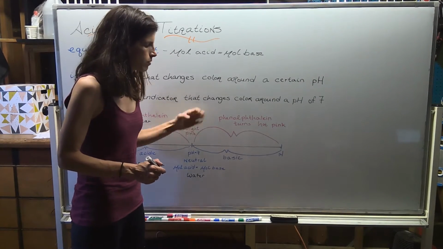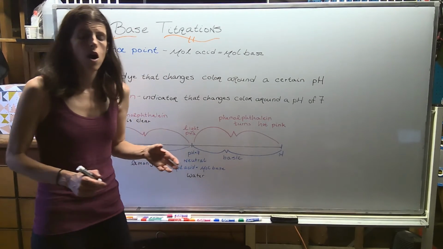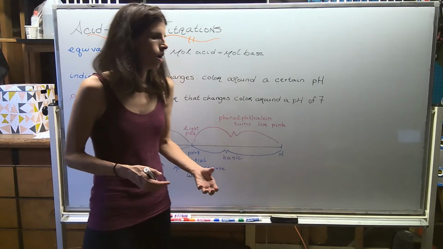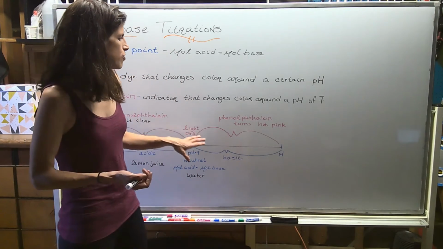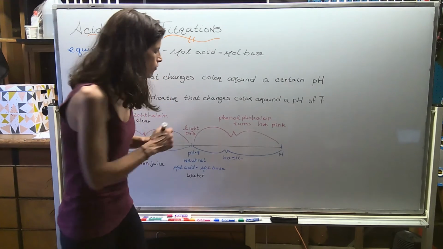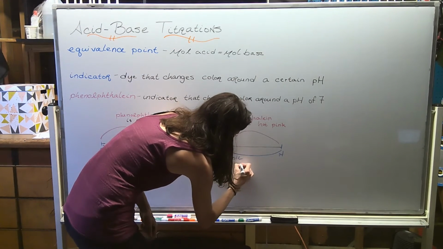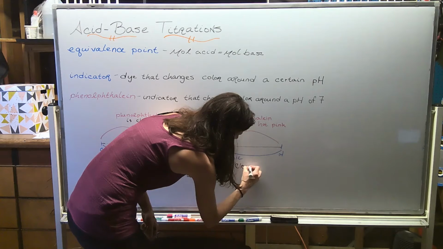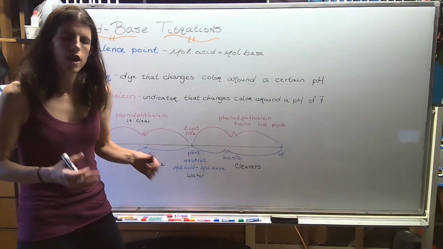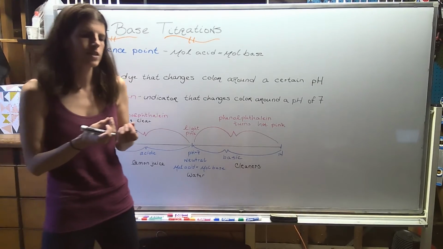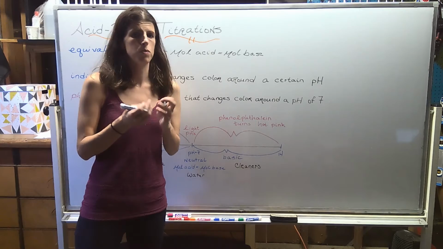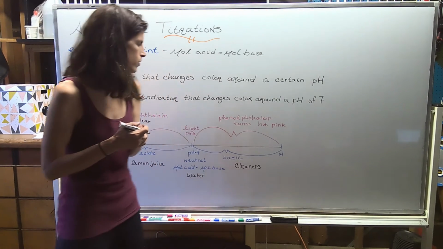So if you throw some of that indicator into any kind of cleaner, a drain cleaner or bleach, that's going to turn hot pink. So many of your cleaners, soap, are basic in nature, and oftentimes you could identify something as being basic because it's going to feel slippery. Think soap. The basic items are very slippery.